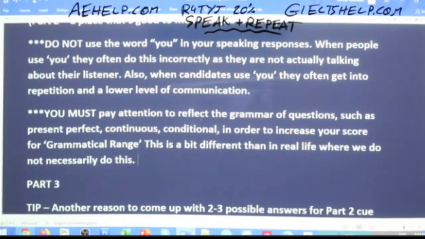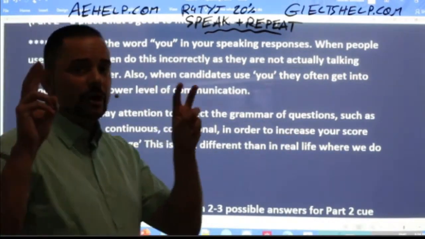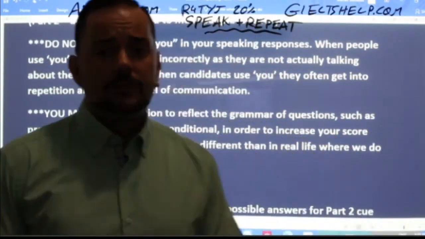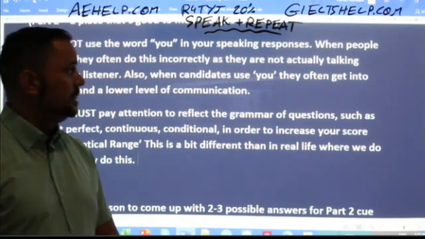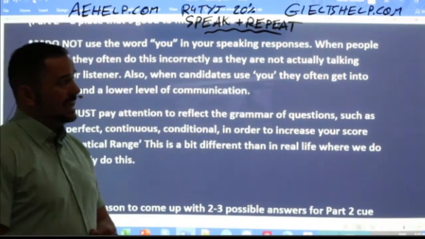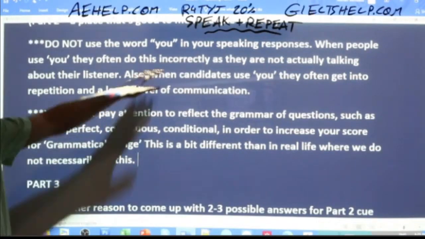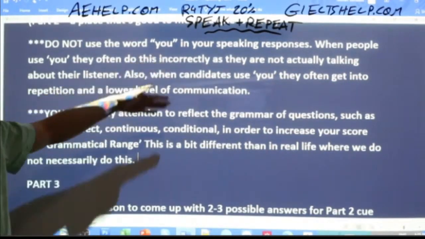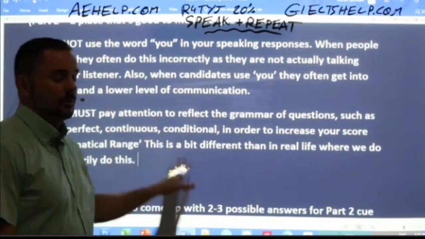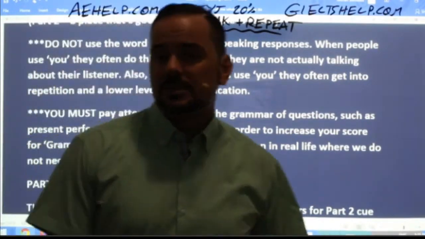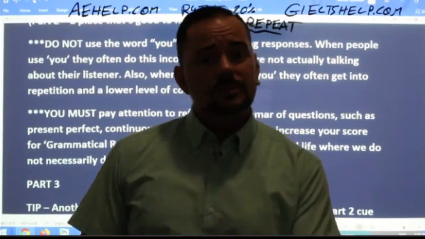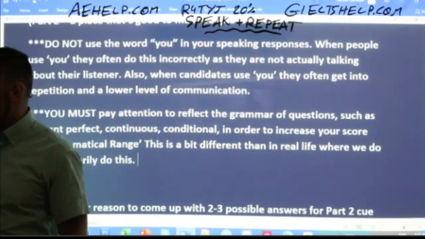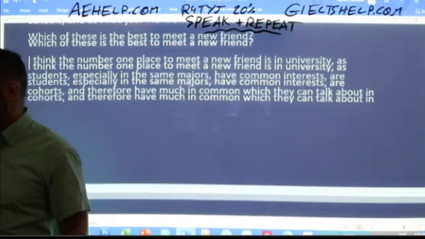In the IELTS, you have to be a better communicator than in your everyday conversations, and you have to avoid the common practices that we have in everyday conversation, where we say you in a lot of our answers where we don't need to, or we don't really care about the grammar. We're just naturally using whatever comes to mind. In the IELTS, you have to care about your grammar, okay? So really important, okay?